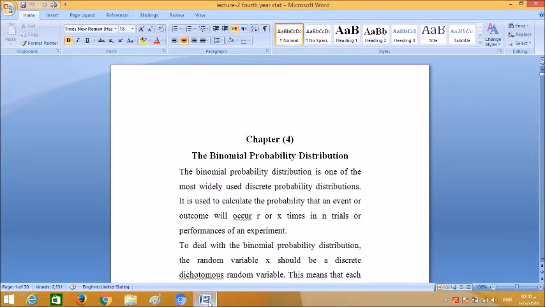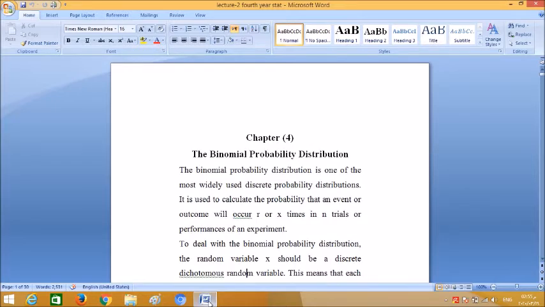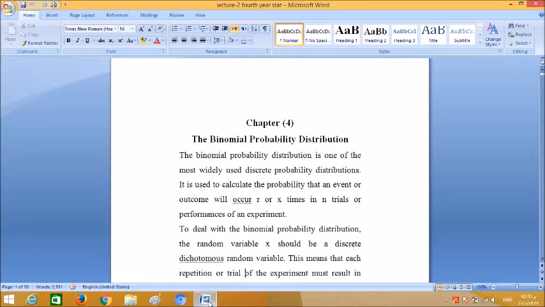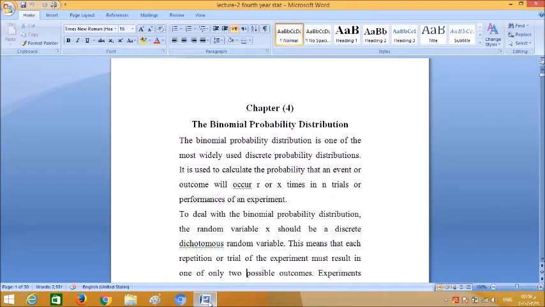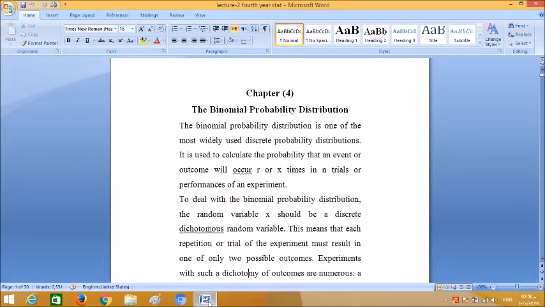To deal with the binomial probability distribution, the random variable X should be a discrete dichotomous random variable. Okay? This means that each repetition or trial of the experiment must result in one of only two possible outcomes.